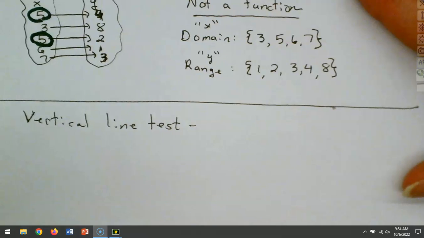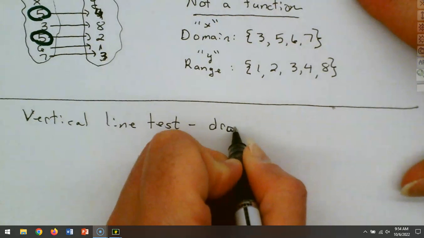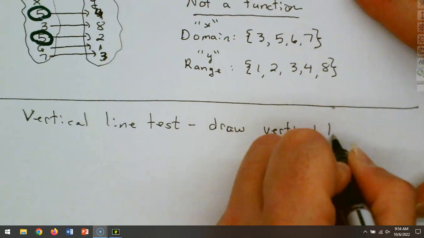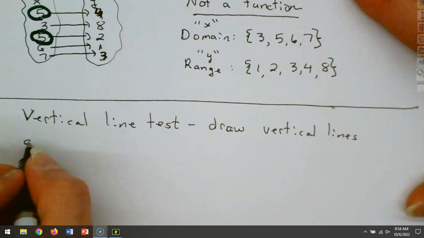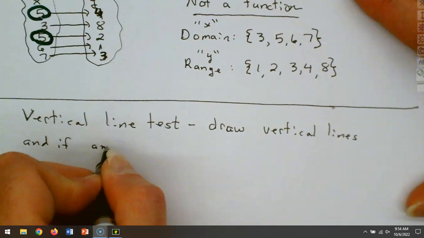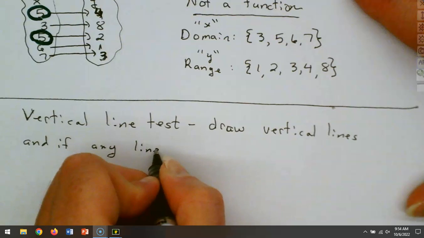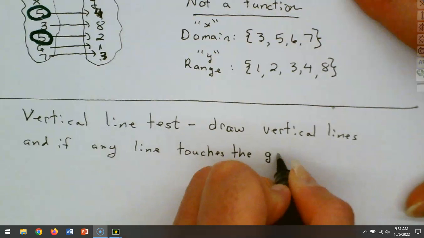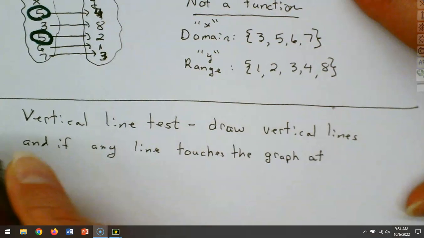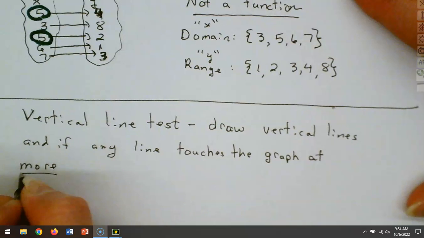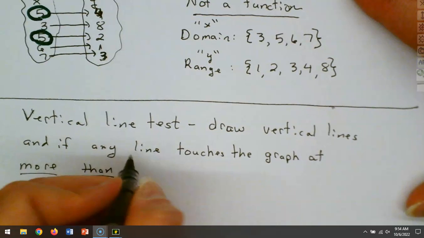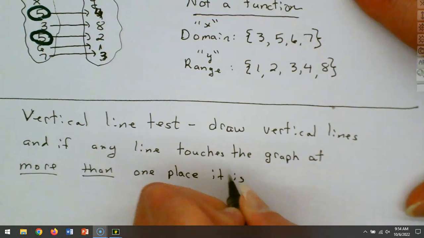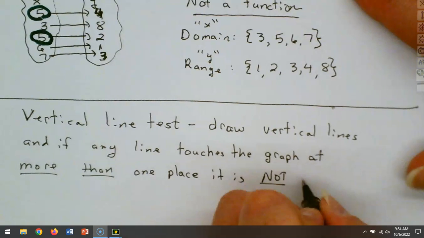For the vertical line test, all we have to do is draw vertical lines, and if any line touches the graph at more than one place, it is not a function.